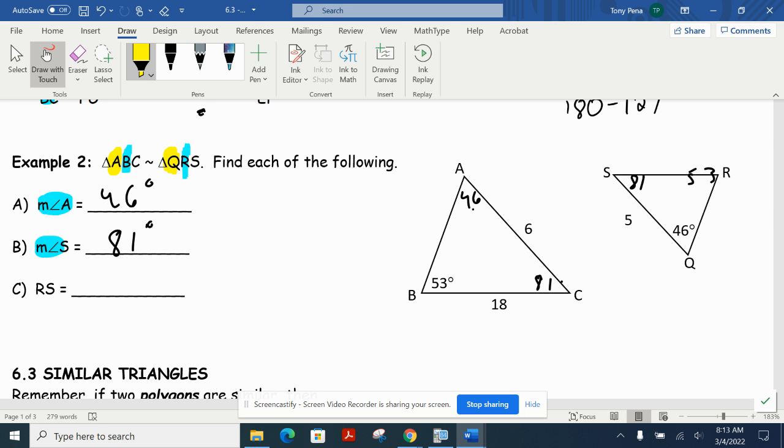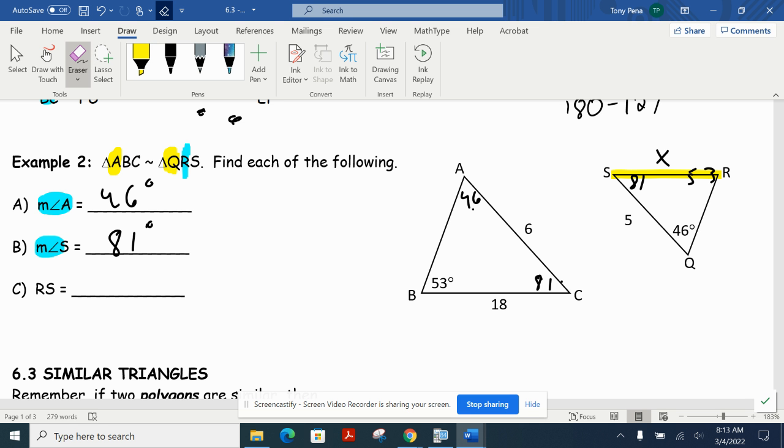Where's RS? RS is up here. So that's kind of like our variable. I don't give you the X, so we'll write that as the X. That's what we are trying to solve for. That's the answer to this question, the length of RS. So we obviously have to use this one. We would then want to figure out what side corresponds to that so that we can set up our first fraction. So if RS is X, it's not quite as easy as just looking at it.